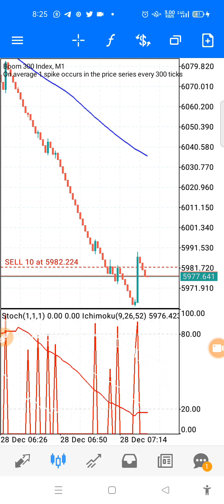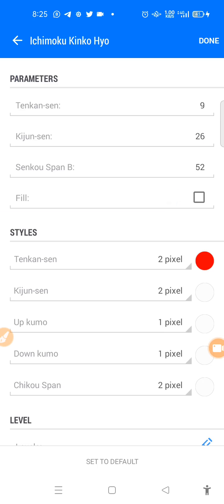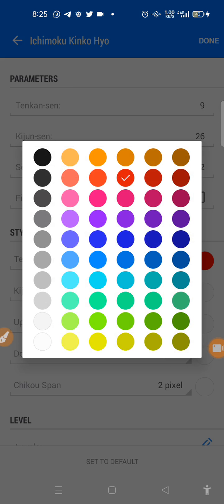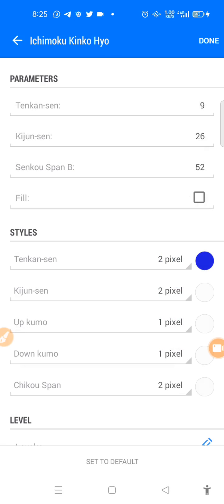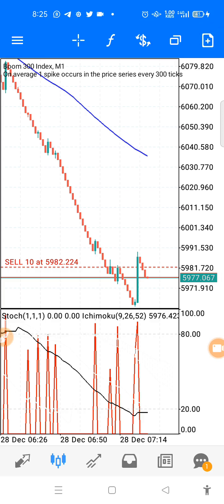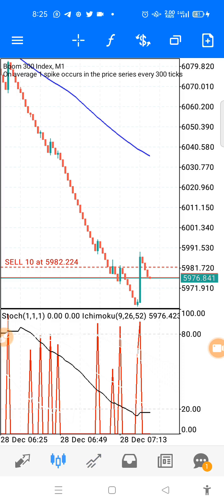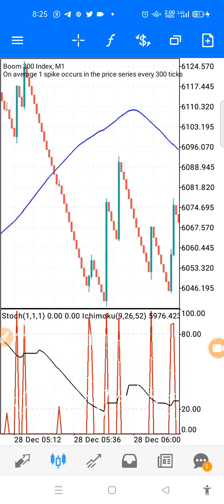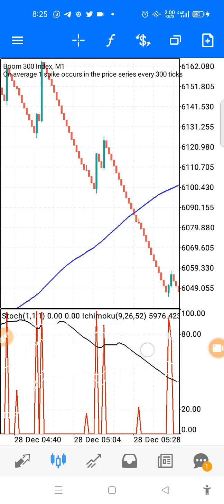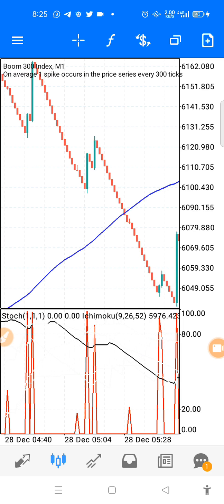So you might not understand, so let me change the color of the ichimoku. Let me change it to maybe black. Okay, you can see now. If you look at it, when you will actually sell is when the candles are below the moving average and the ichimoku. Now, you can decide to just use the stochastic.